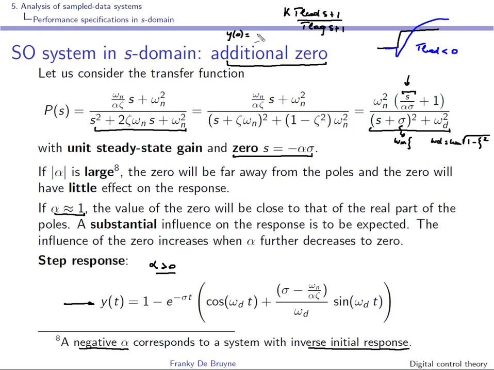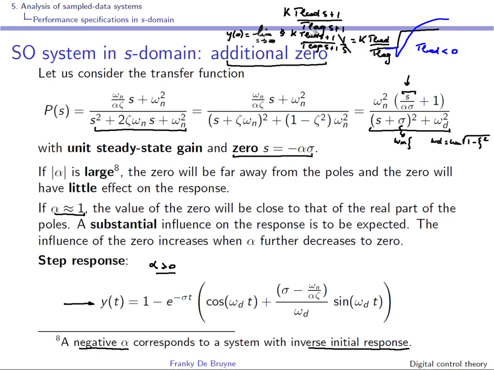In the case of a step response, we'll have to take the limit when s tends to infinity of s times the response. So we'll have k (T lead s plus 1) over (T lag s plus 1) times 1 over s. The 1 over s and the s will cancel out, and this will lead to k T lead over T lag.